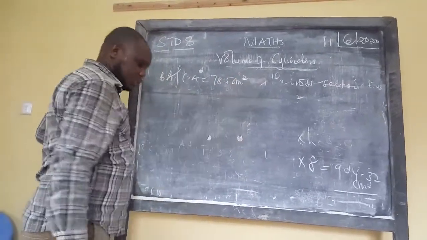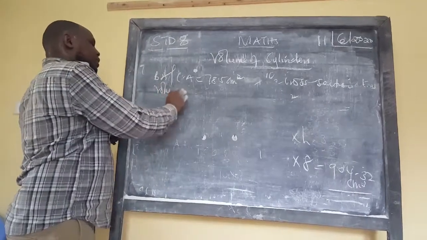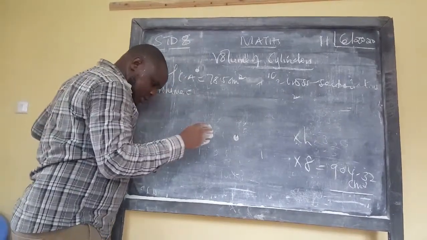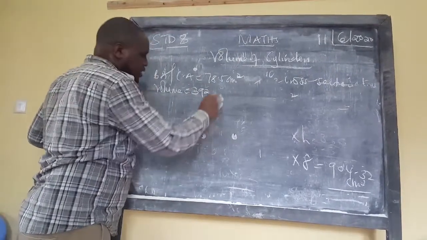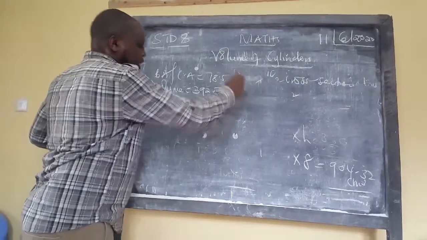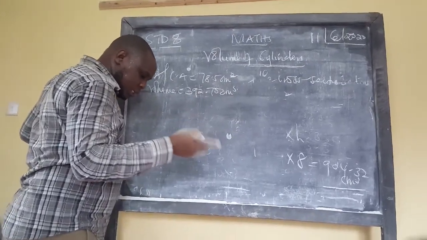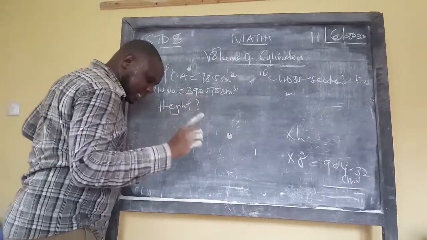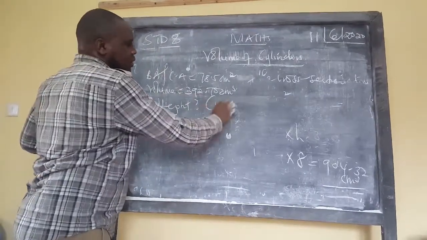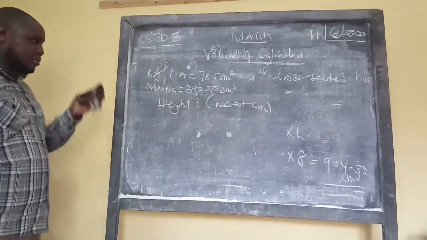Area is given in centimeters squared, and the volume is given as 392.70 cubic centimeters. The question is, what is the height? So the height is not given, and that's what we are looking for. Then give your answer to the nearest centimeter. Most of the time you will see that, the nearest centimeter.